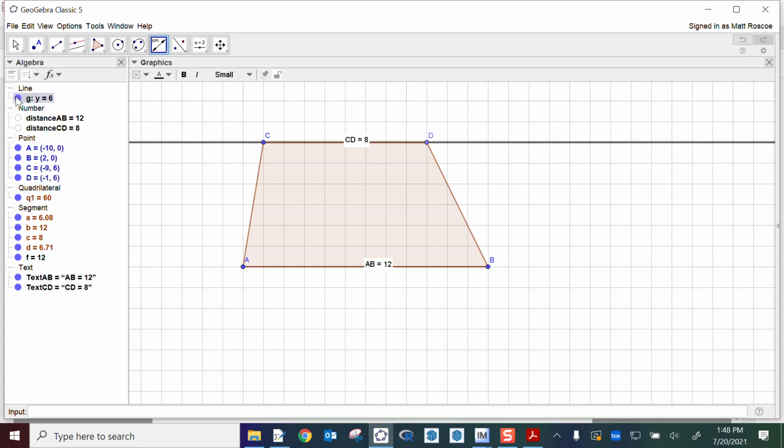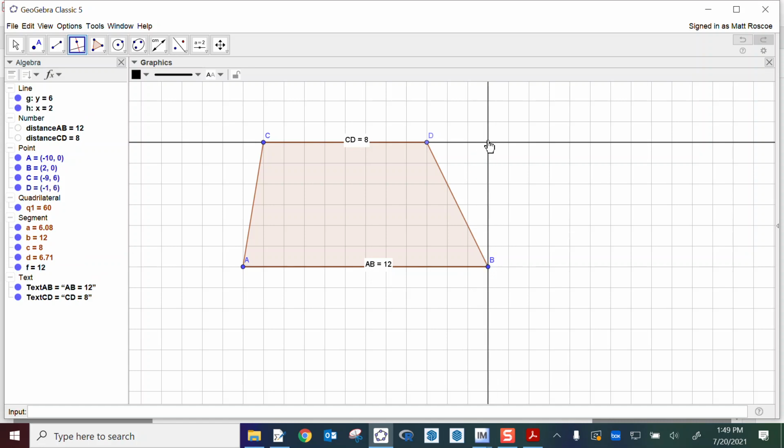If I put the line back in, what I'm going to do is put a perpendicular line. Oops, there it is. I'm going to put a line through B perpendicular. That gives me this point right here.